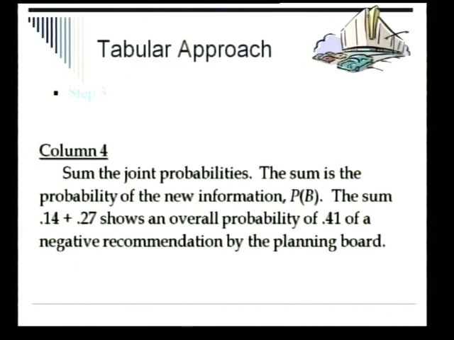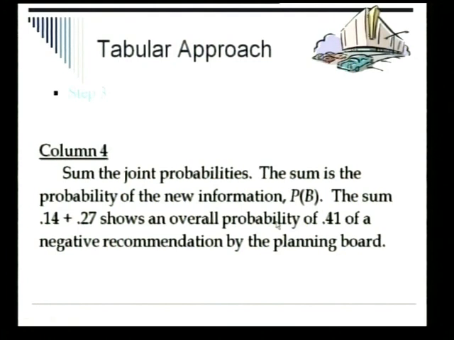Now in column 4 we get the sum of the joint probabilities, the probability of the new information B, P(B). That is the law of total probability, which Goti sir has explained to us. So P(B) is nothing but the addition of these two, 0.14 plus 0.27, which is 0.41.